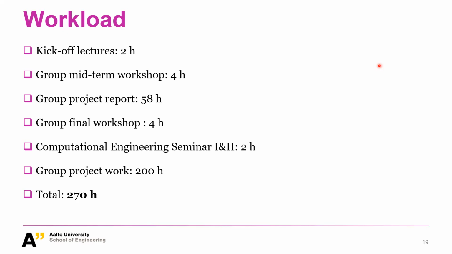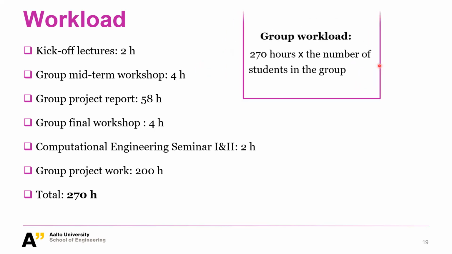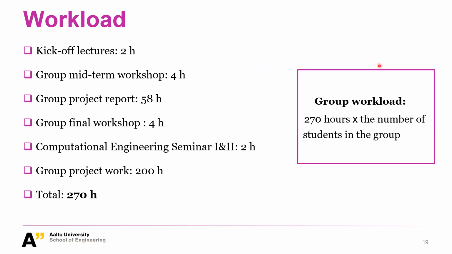So it's a 10 credit course, running from period 1 to 2. And here's the group workload. It's 270 hours times the number of students. We'll be evaluating towards that, otherwise it would be unfair for people working in a 3-person group or 2-person group.